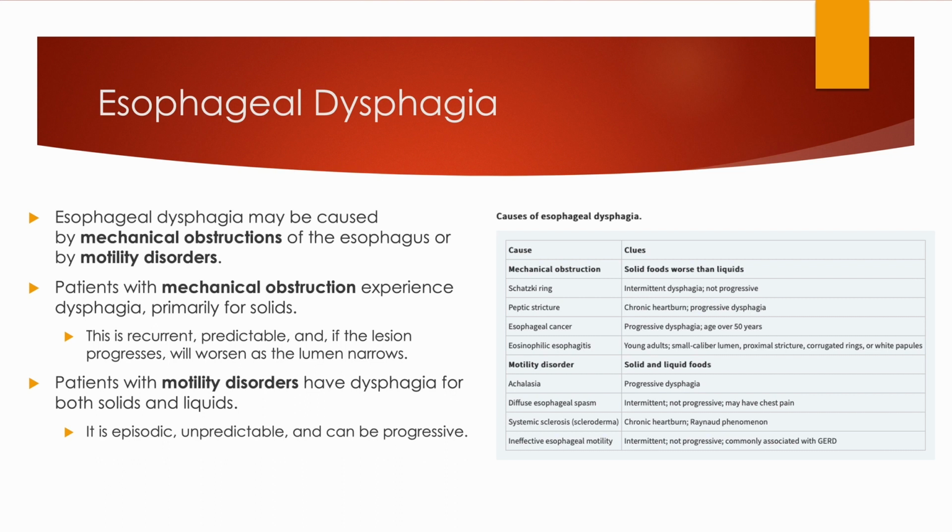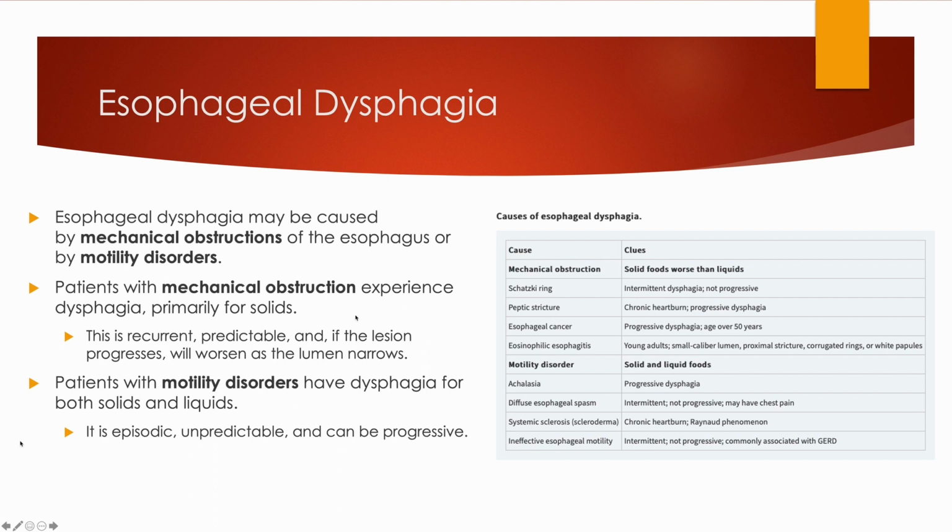There can be problems with that motility, that moving the food downward. It can either be dysmotility, where it's not coordinating its effort properly, or there can be too much motility or too much tightening of the muscles, as in achalasia. We'll talk about these a little more in depth.